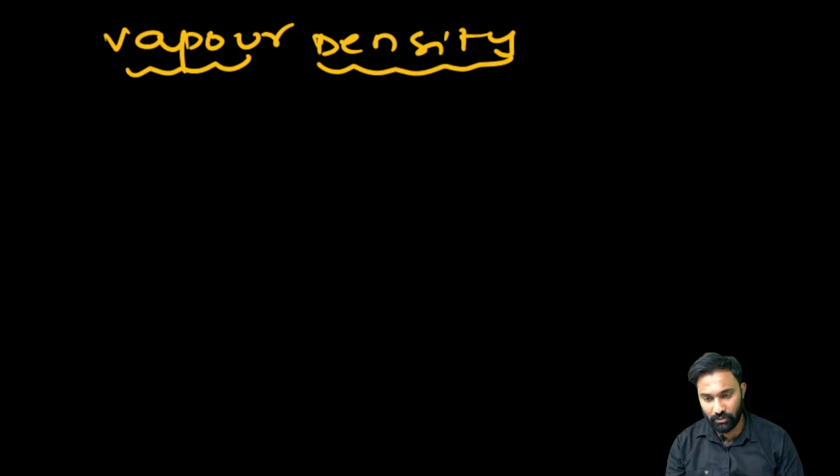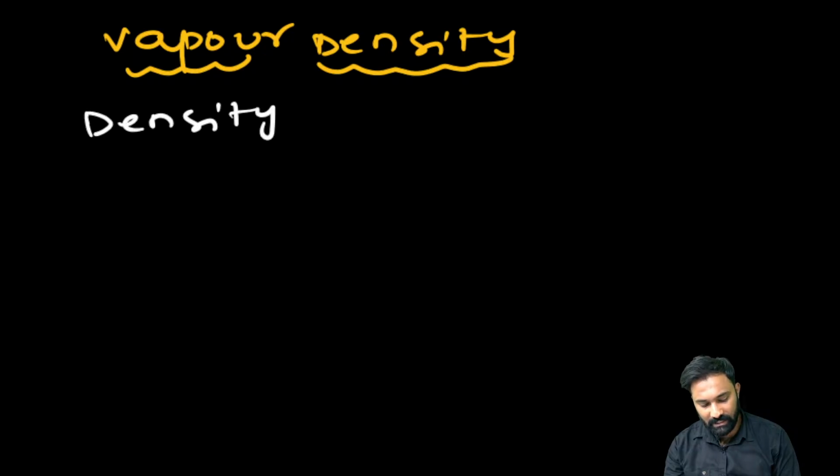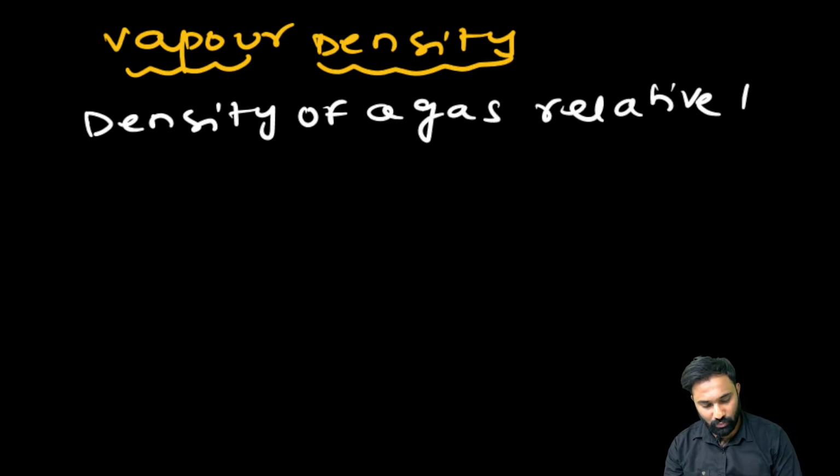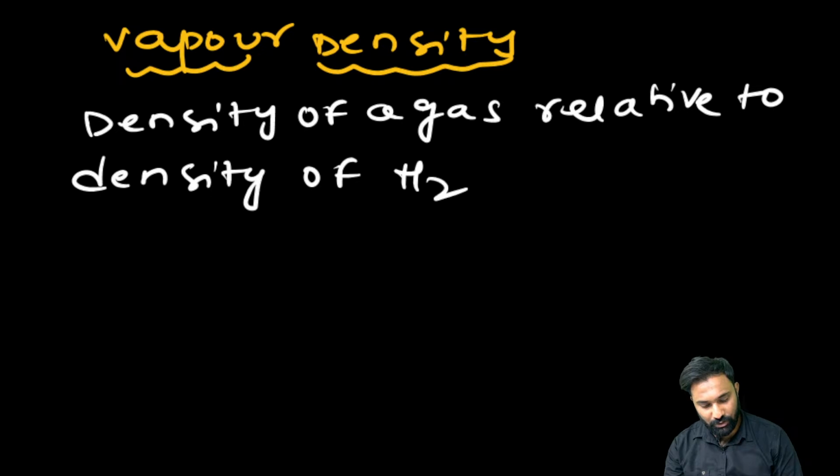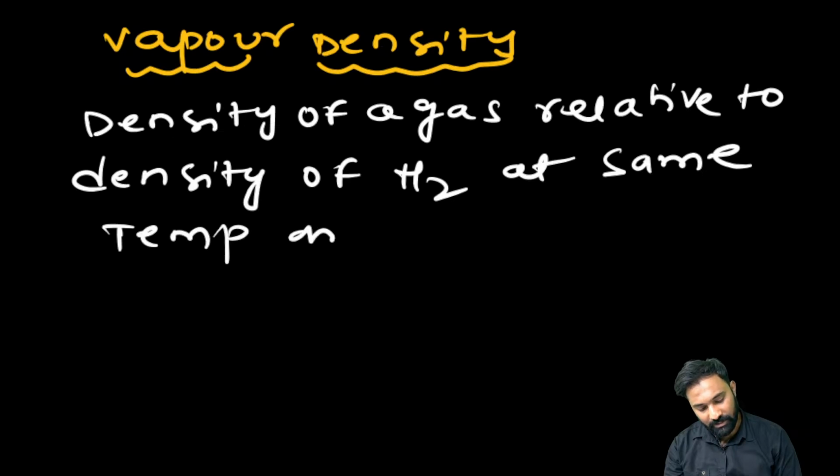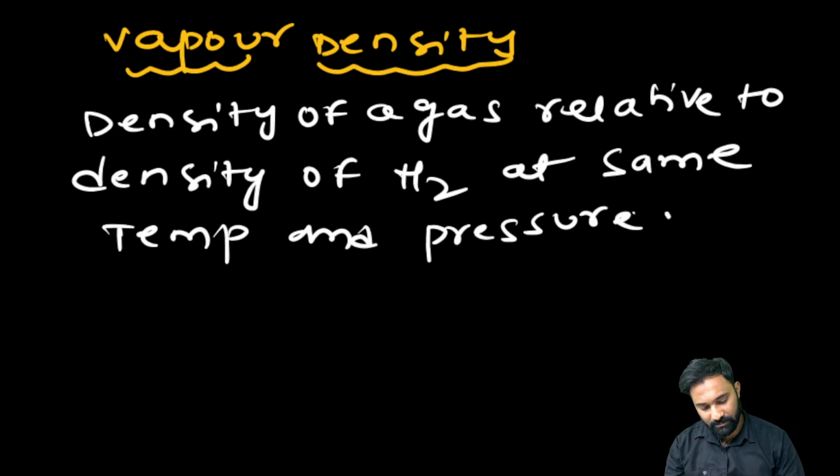Vapor density is equal to the density of a gas relative to the density of H2 at the same temperature and pressure.